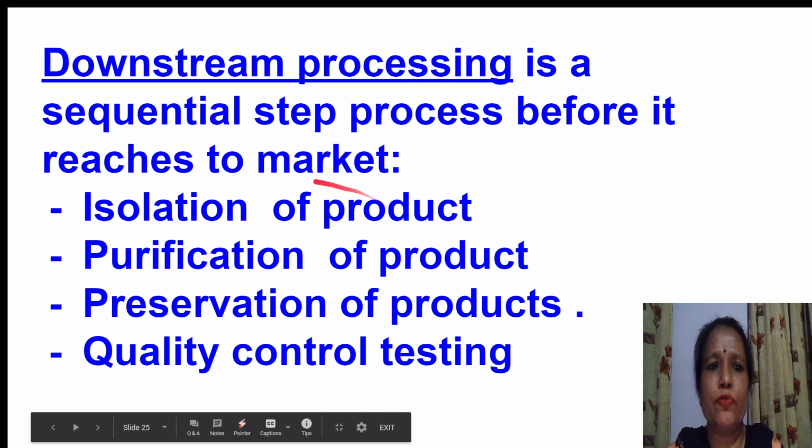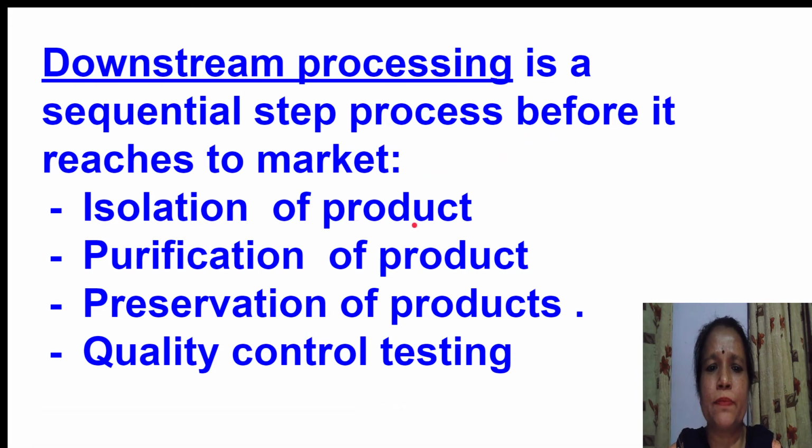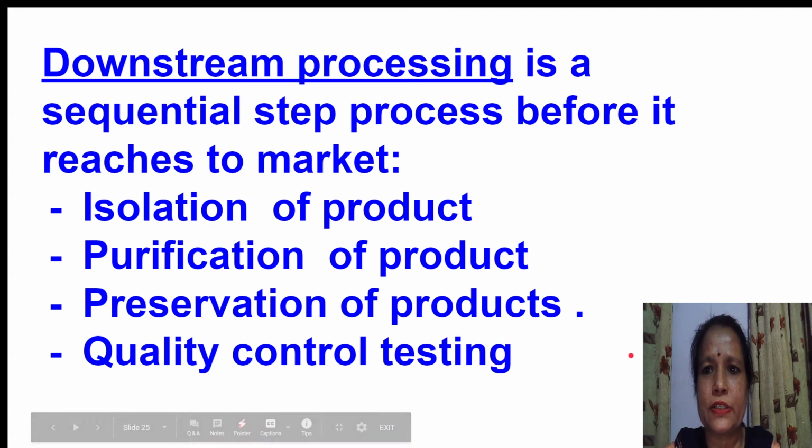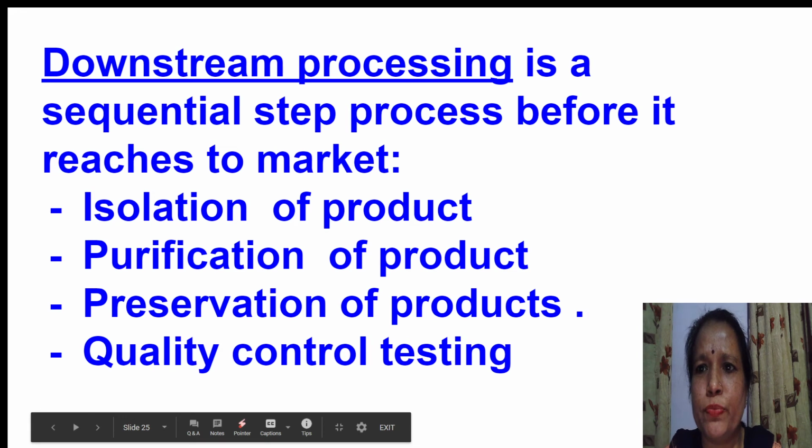Now it involves sequential steps like isolation of the product, purification of the product, then preservation of the product, and quality control testing. So quality control is checked, then the product is commercialized. This quality control varies from product to product.